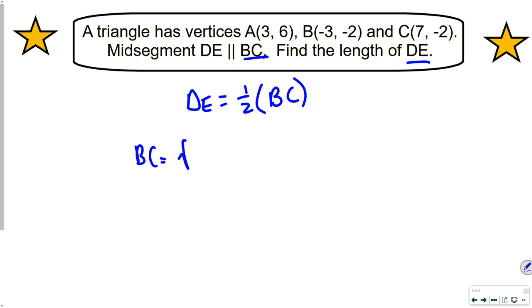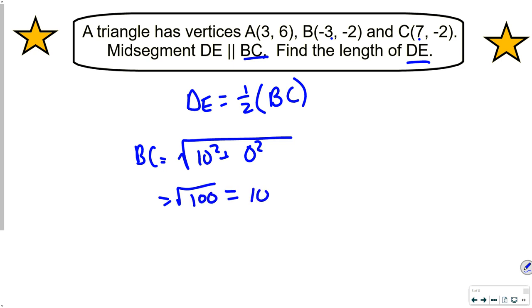BC: the distance between x values, -3 and 7, the difference is 10. Between -2 and -2 is 0. So I have the square root of 100, which is 10. We know that the midsegment is 1/2 of that parallel side, so 1/2 of 10, and DE is 5.